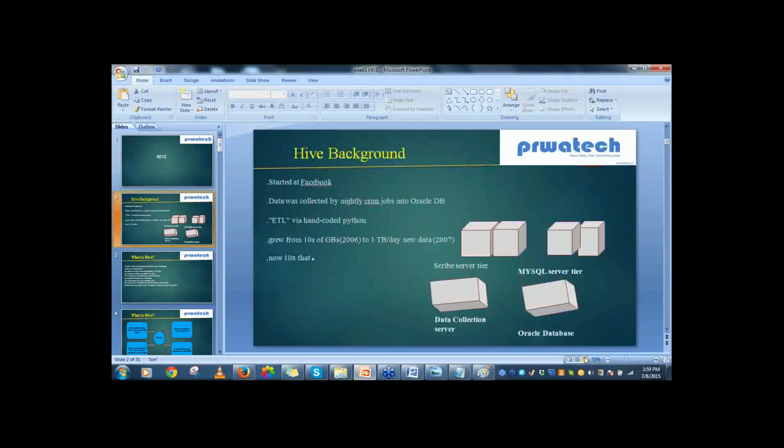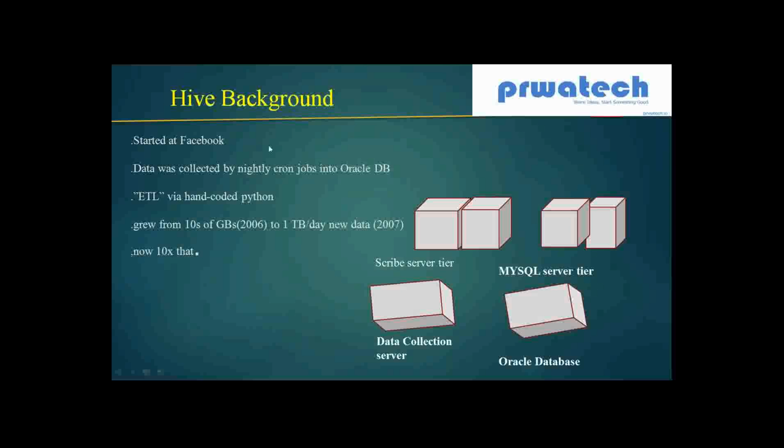So this is the background. It started at Facebook. If you talk about Facebook's infrastructure, how it uses databases and what different parameters they use to process the data, I will show this complete infrastructure of Facebook, how exactly it pulls the data from the Scribe server and how they put the data on the Hadoop cluster.